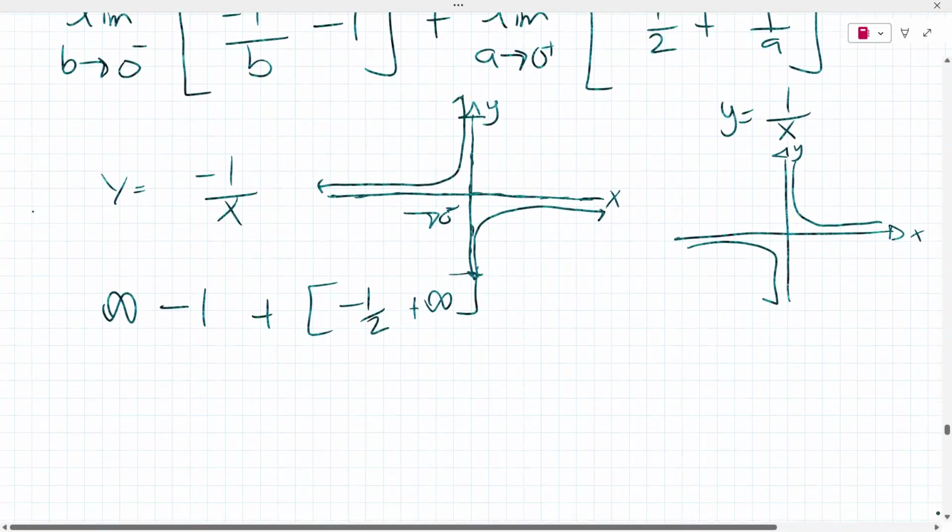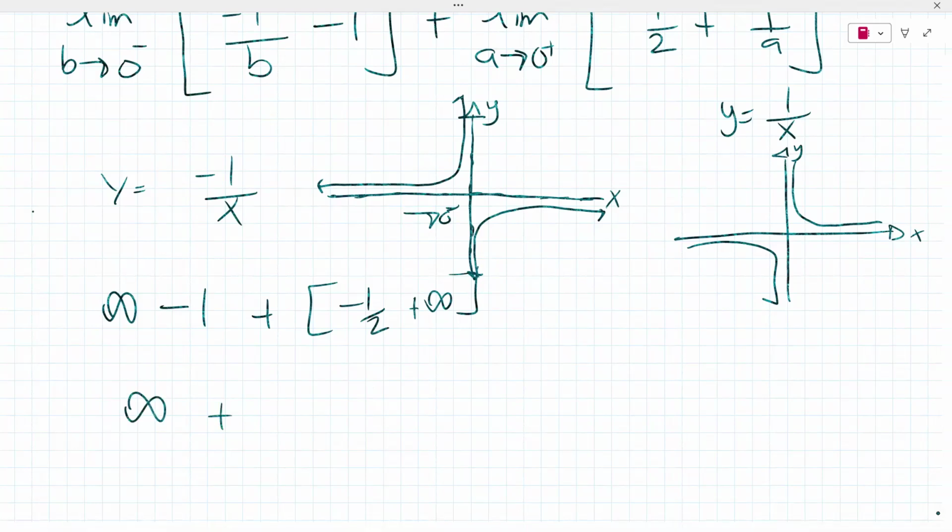Okay, so infinity minus 1 is still infinity, plus negative 1/2 plus infinity is still infinity. What's infinity plus infinity? It's infinity. Or you could say undefined or diverge.